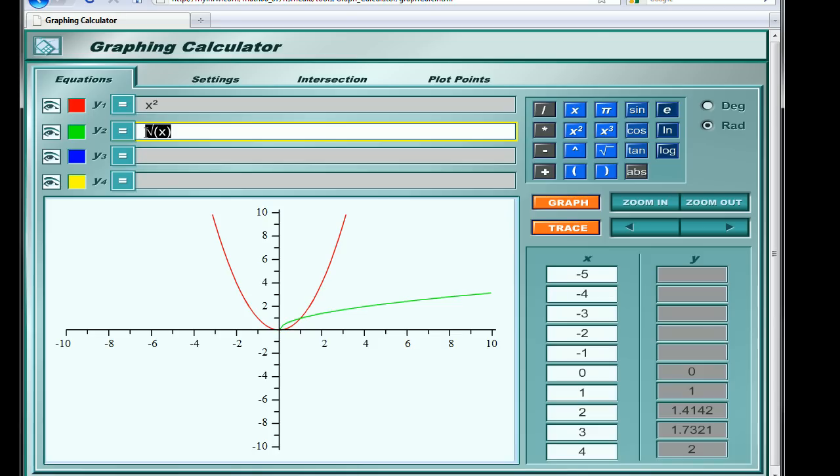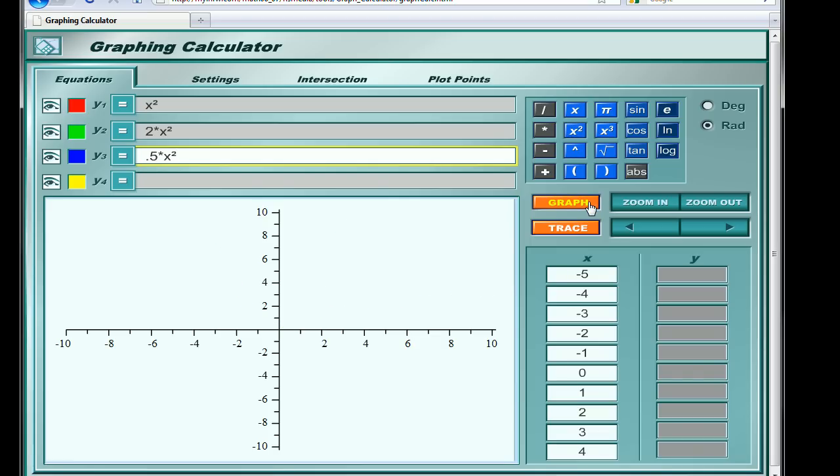Let's see what happens when you get 2 times, not 2 squared, 2 times x squared. And let's do another one that is 0.5 times, or actually 0.45 times x squared. Let's graph these right there.